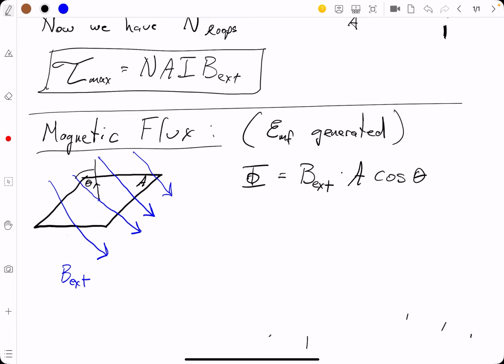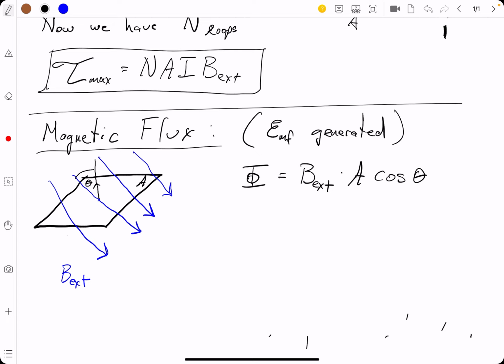So we've got our area times the B external times the cosine of the angle. Now, that's just the amount of field passing through A. All right, so flux, that's it.